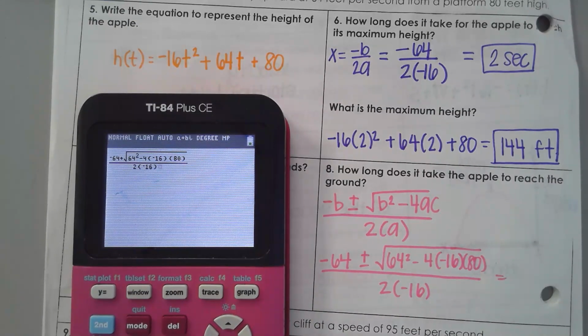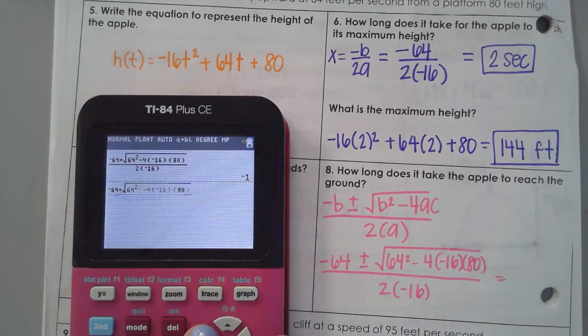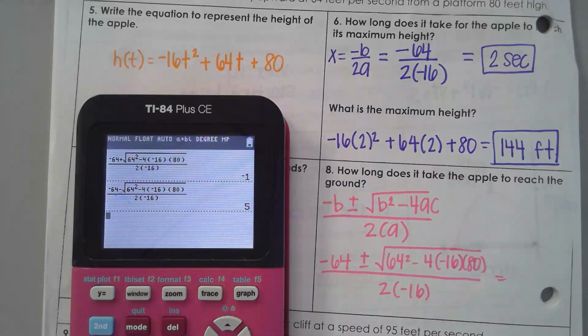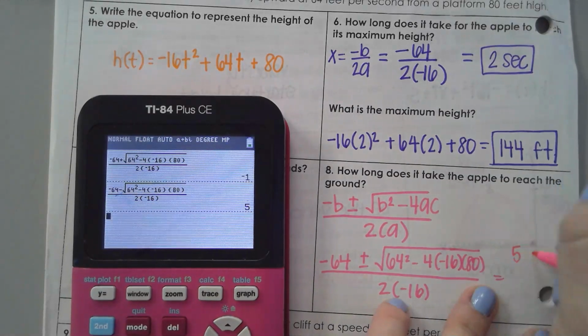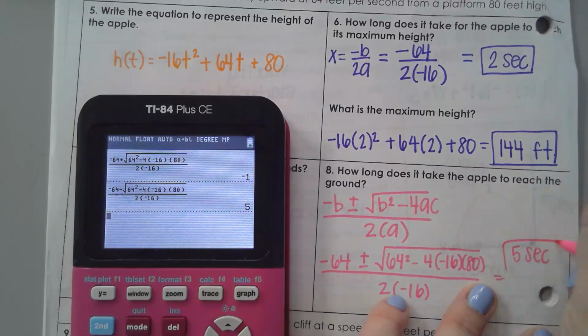And I typed everything in while using a plus sign first. And that gives me negative 1, which doesn't mean anything for this problem. This is just because we were standing on a platform. So if I go back up and change it to a minus, I get 5. That's the one we need, 5 seconds.